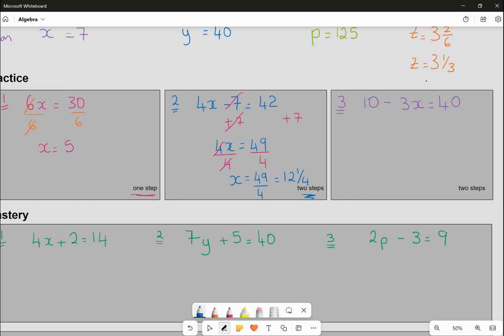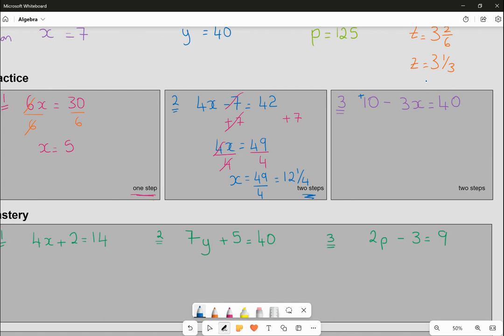So here, although the x is written after, so we've swapped it around, we have the x written as the second term in this equation, but that's fine, we still use the same method. So here, this 10 is like a positive 10, isn't it? It's adding 10.